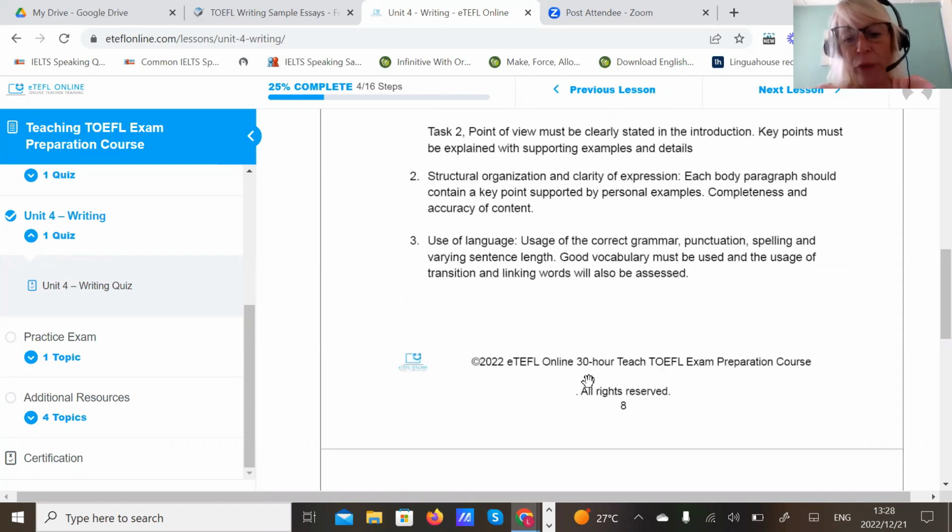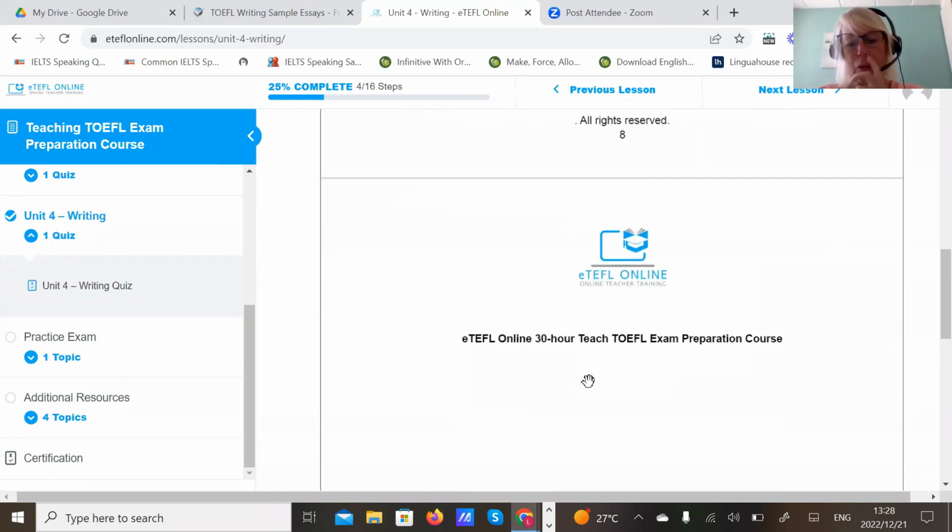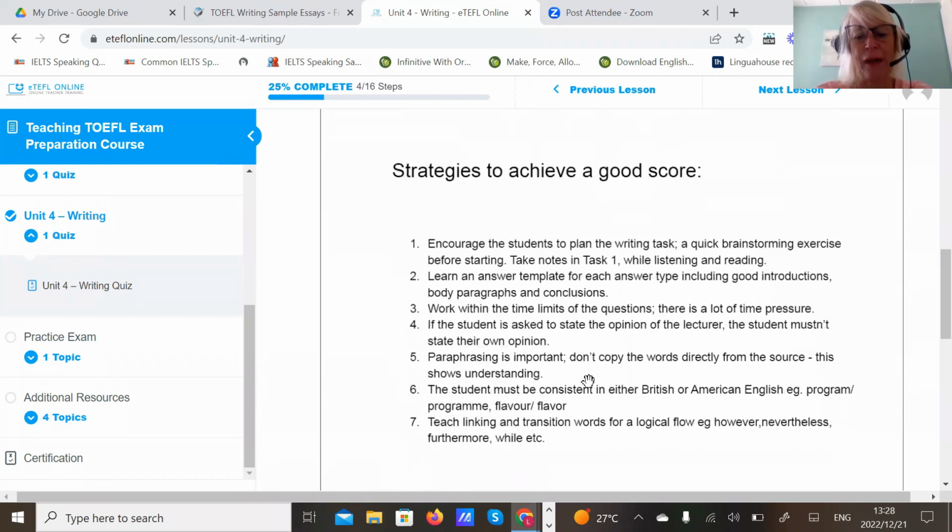And then use of language, the grammar, punctuation, spelling, varying sentence length. So some students, because they get a bit scared of using tenses incorrectly, they stick to basic sentences. They must mix their sentences up so that they are varied and interesting. And once again, good vocabulary, idioms, synonyms, phrasal verbs, all those basic things that we've covered already.